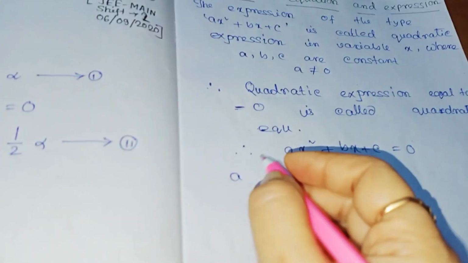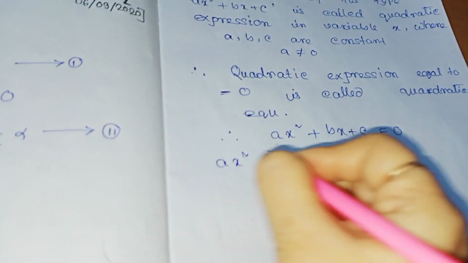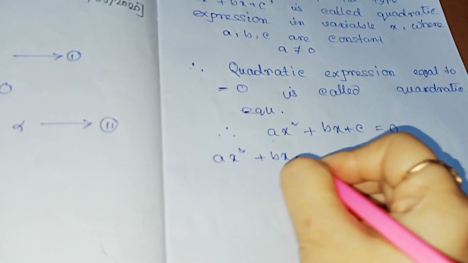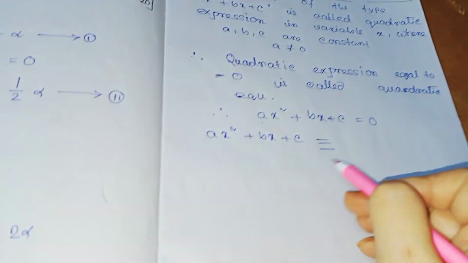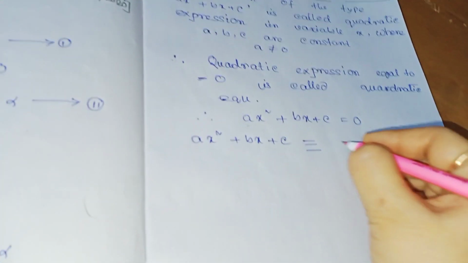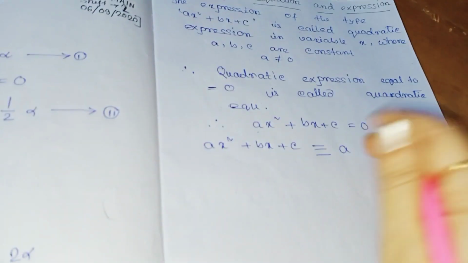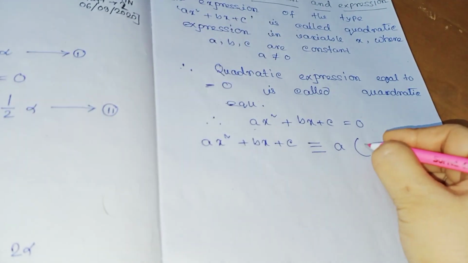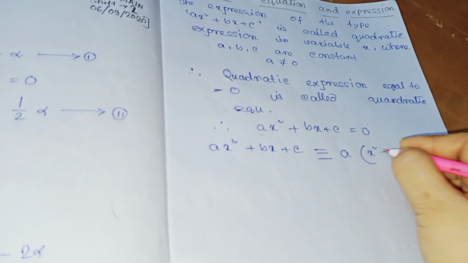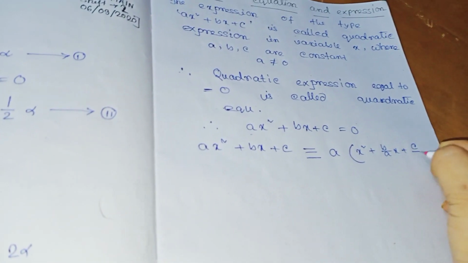Now just check. So this is ax square plus bx plus c is equal to, this sign shows that the left hand side and right hand side are not equal in form, but are equal in meaning. So here we write a into x square plus b by a into x plus c by a.